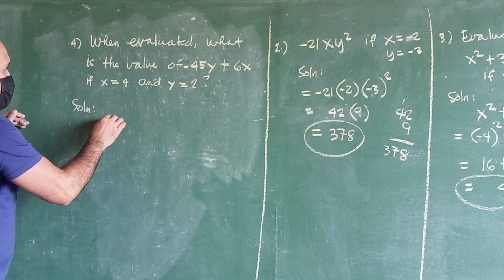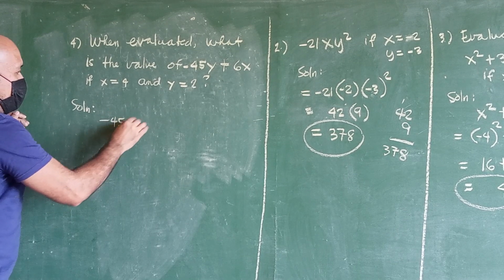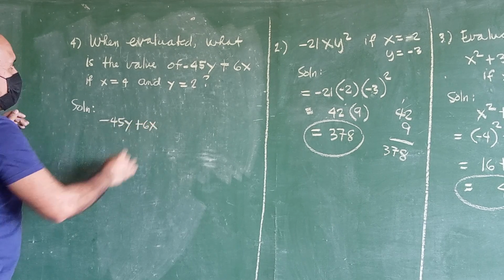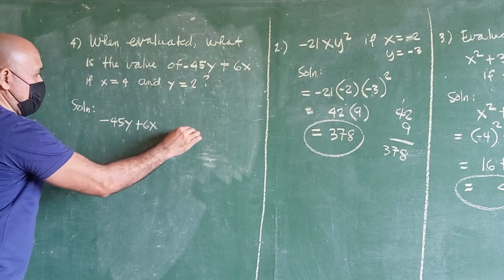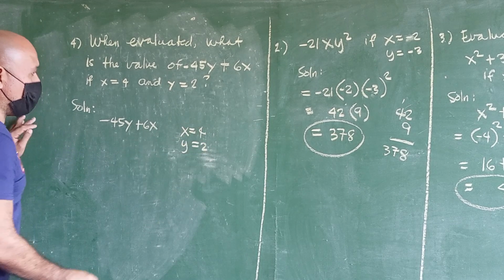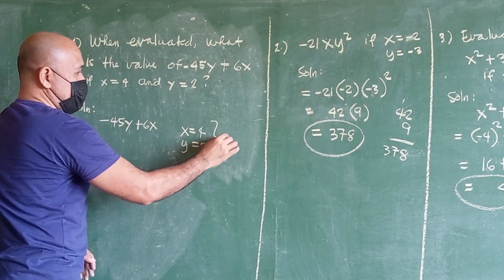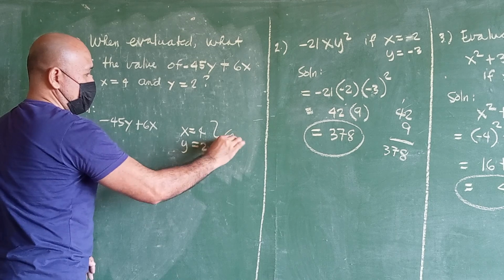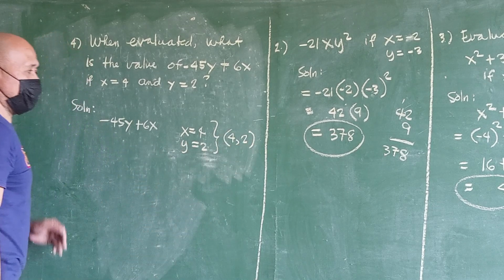So you have negative 45y plus 6x as the given algebraic expression, and your x is equal to 4 while your y is equal to positive 2. Or in coordinates, it can be written in this order, 4 and 2, as an ordered pair.